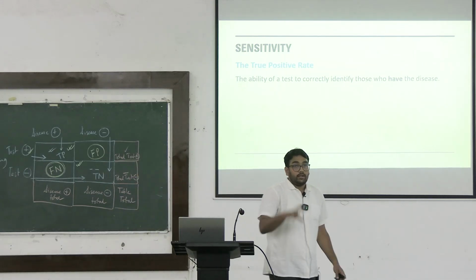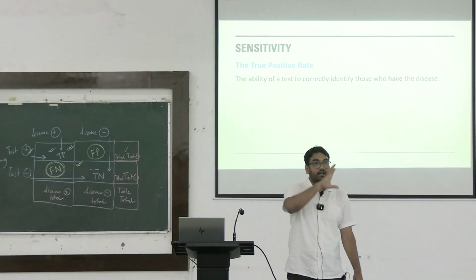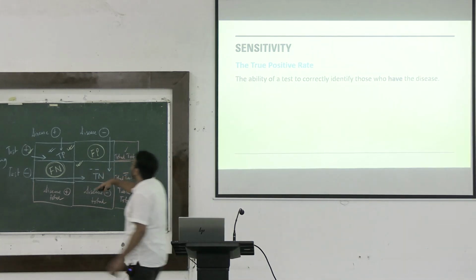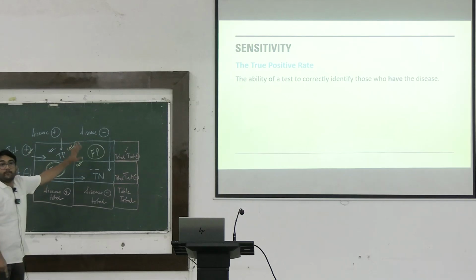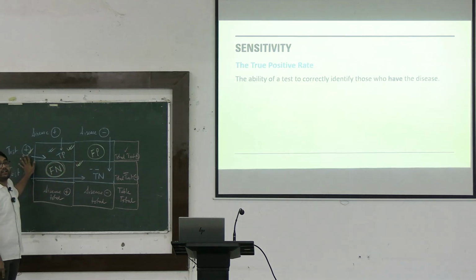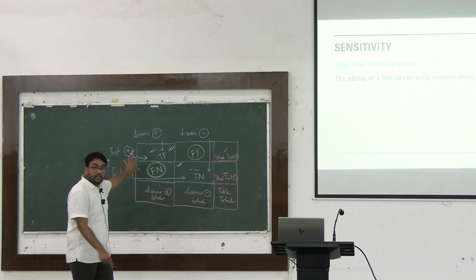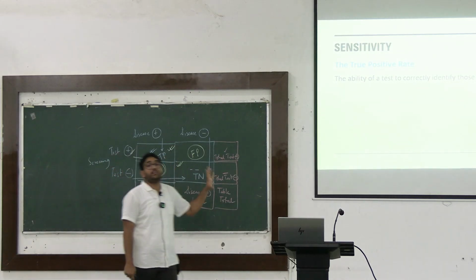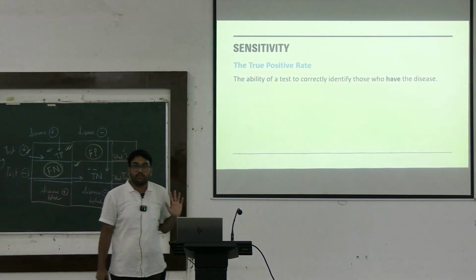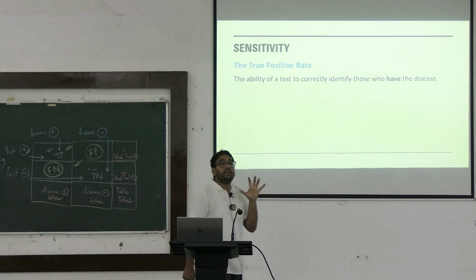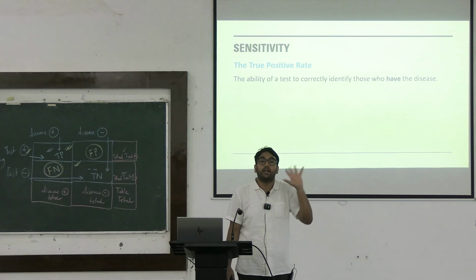If I want to establish the ability of a test to detect those who have the disease, in which of these 4 squares is the screening test detecting those who have the disease? True positives, isn't it? So the true positives will be the numerator of sensitivity.